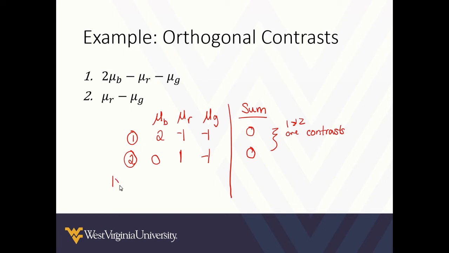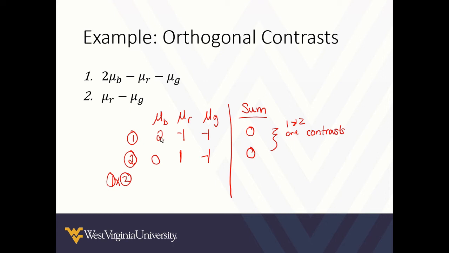Now we need to check to see if they are mutually orthogonal contrasts, which means we simply multiply our two contrasts together by their coefficients and add to see if we get 0.